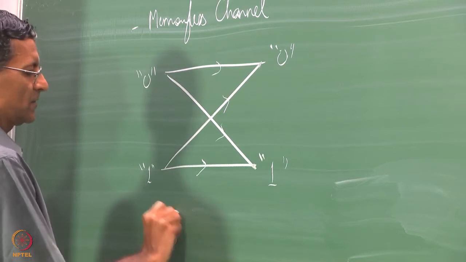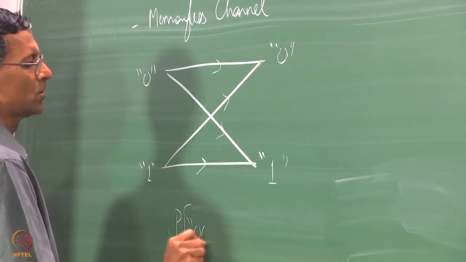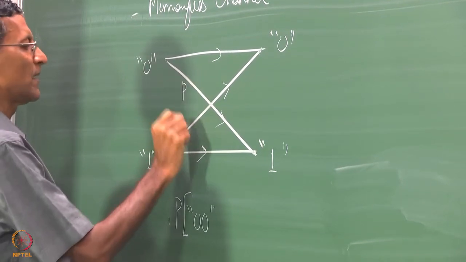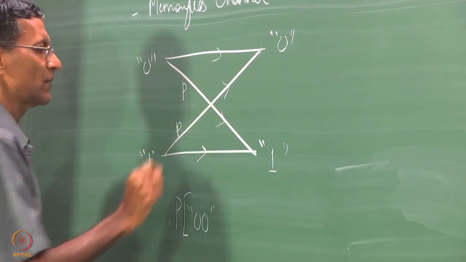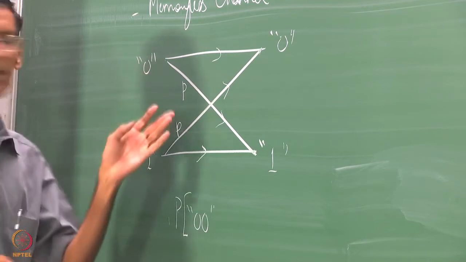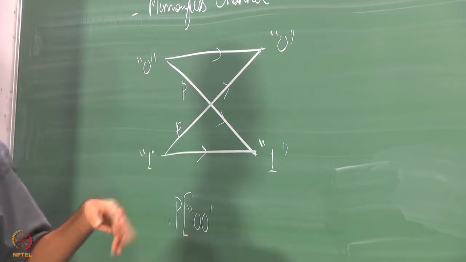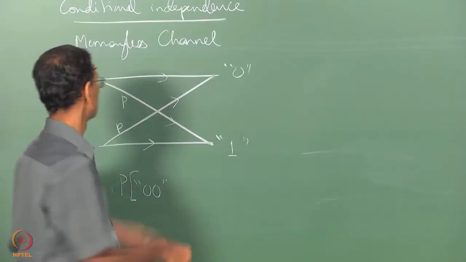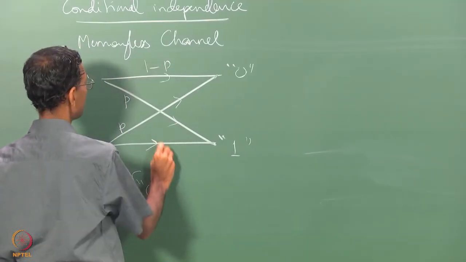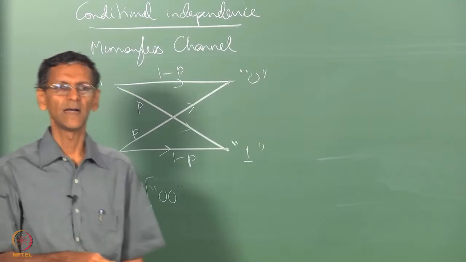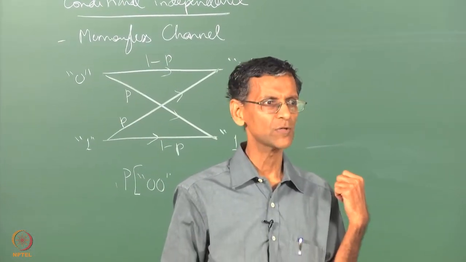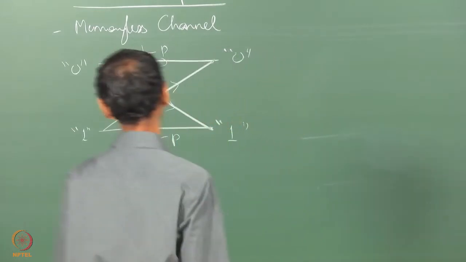Let me put some symbols here. This small p will represent the crossover probability, the probability of receiving 1 given 0 and receiving 0 given 1. So these are 1 minus p and 1 minus p. Did I use this notation yesterday? No. Okay, so let's use it today.